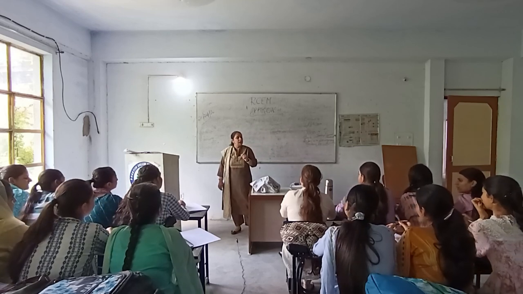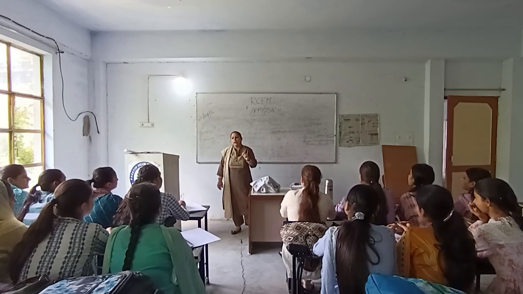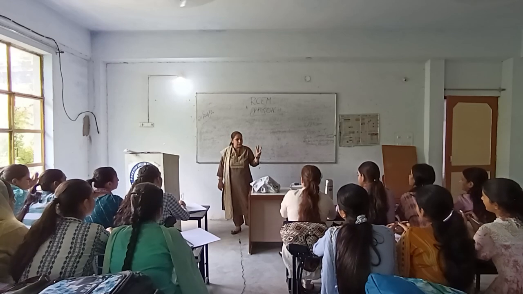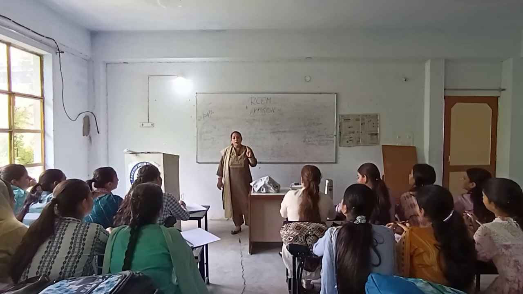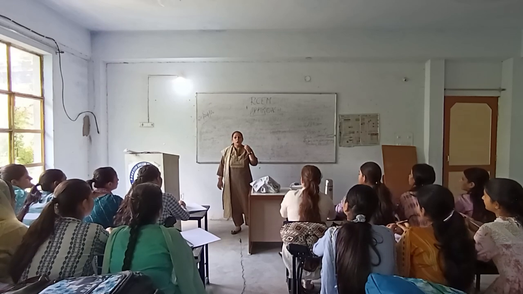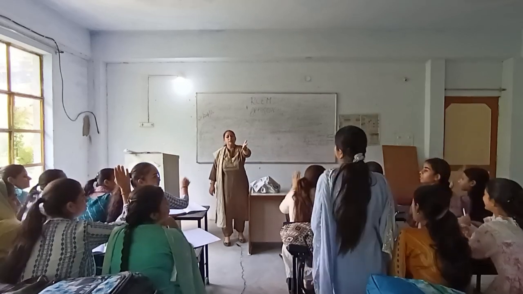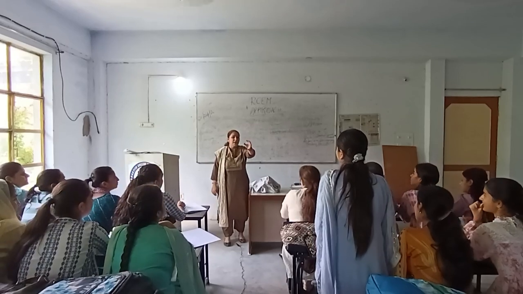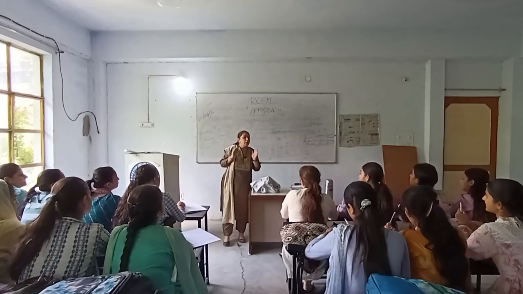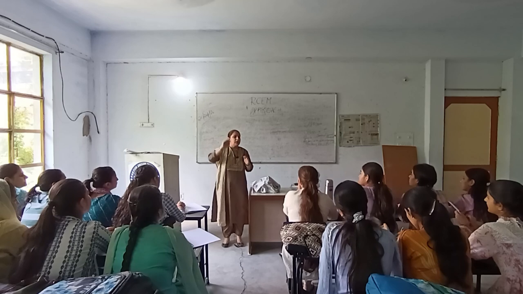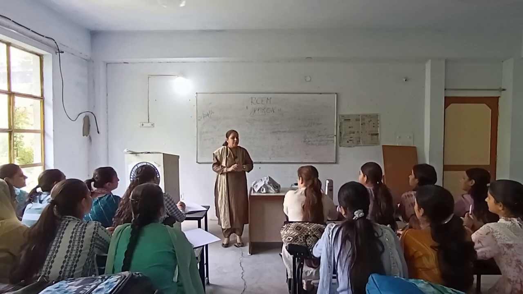So, as you said, Earth's interior has 3 layers. Now tell me, name the topmost layer of the Earth. Raise your hands. Yes? Crust. Very good. Sit down. So crust is the uppermost layer of the Earth.